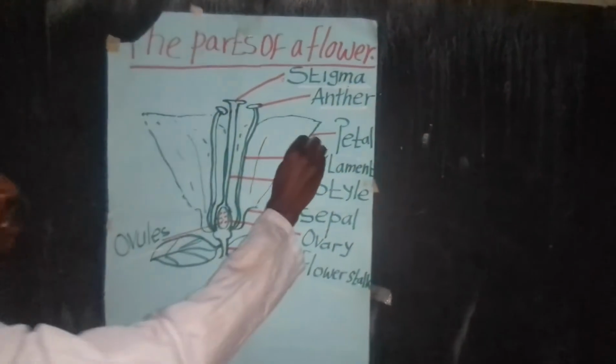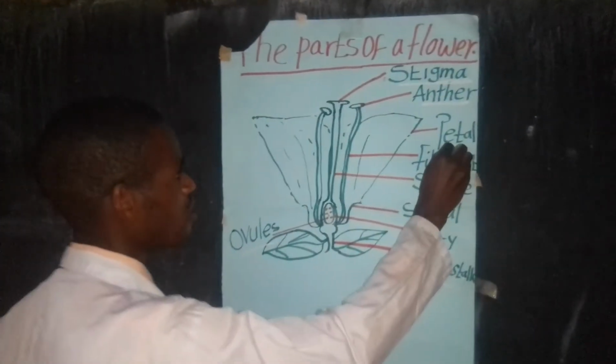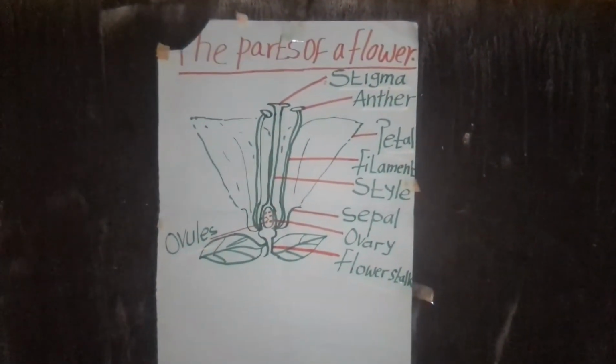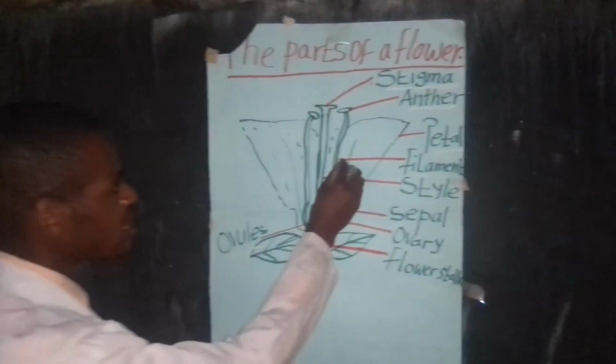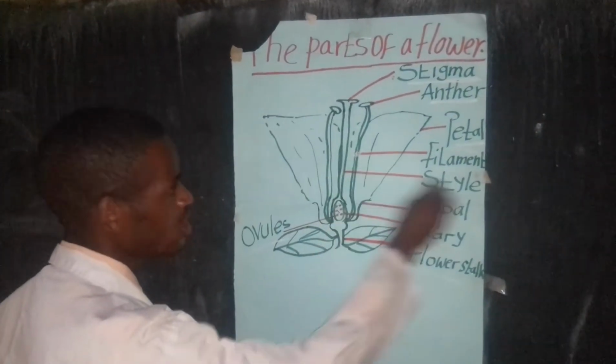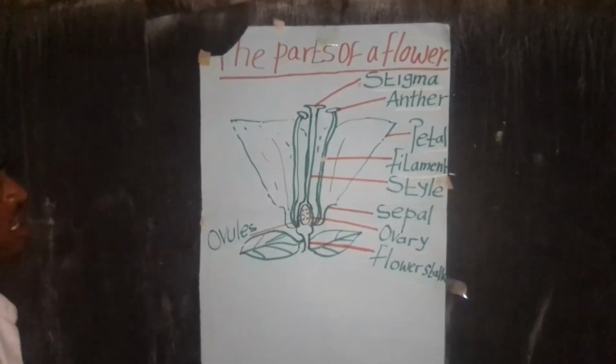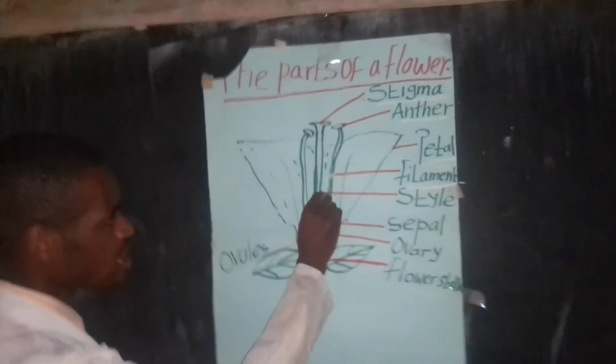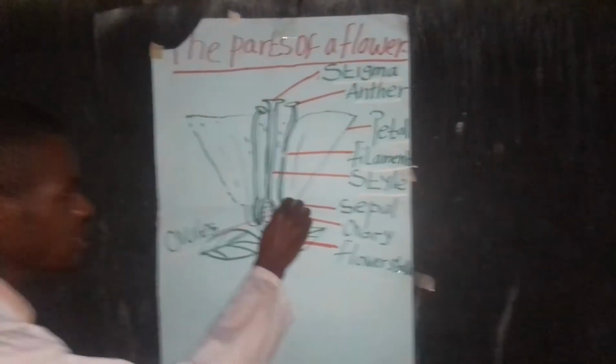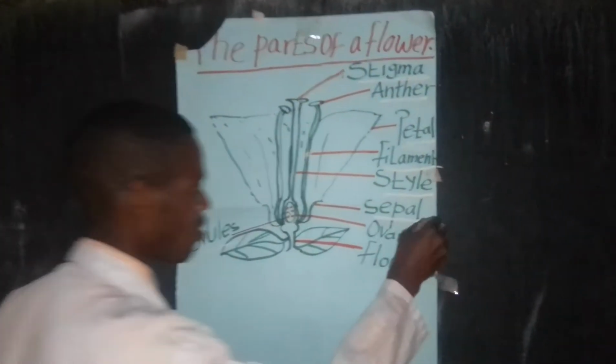This part is called petals. This part, this one, is called filament. This part is called style. This part is called sepal.